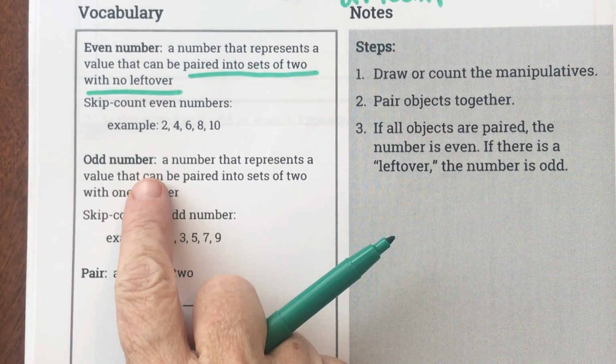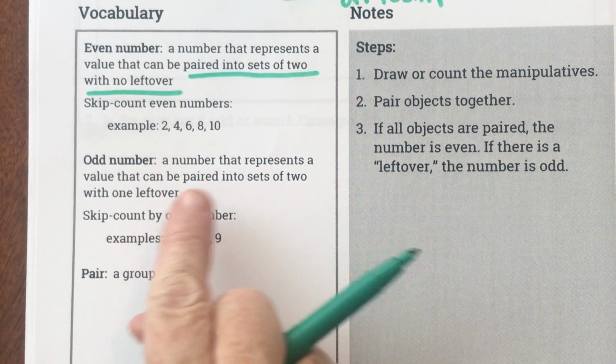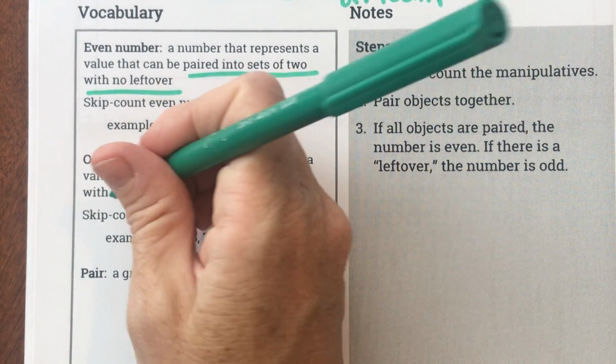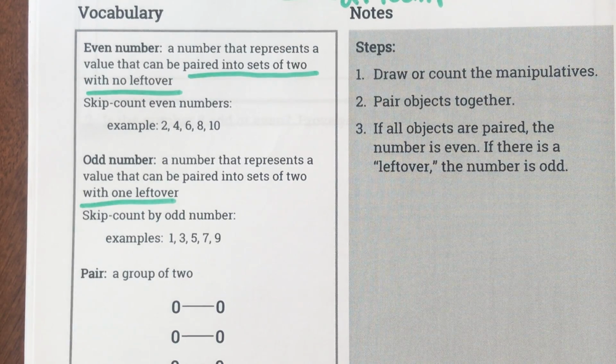Okay, an odd number is a number that represents a value that can be paired into sets of 2 with 1 leftover. So that's the difference. Even means there's no leftover, and odd means there is 1 leftover. Okay, ready? So let's get started, friends.